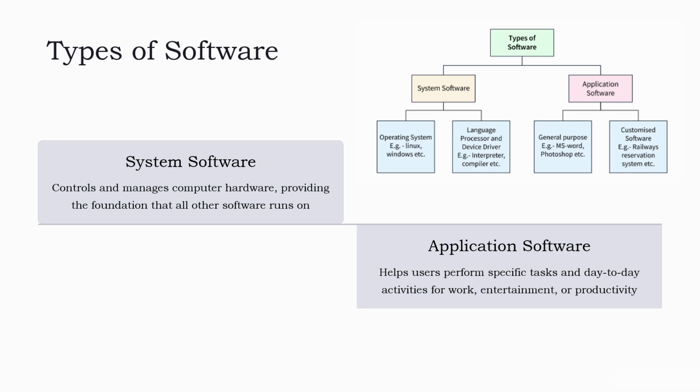When it comes to application software, it is designed to help users perform specific tasks. Examples include writing documents, browsing the internet, and performing calculations. The main difference is that system software manages the system, while application software serves the user.